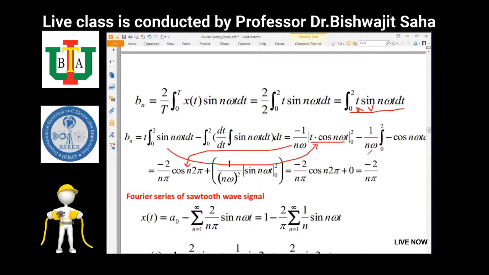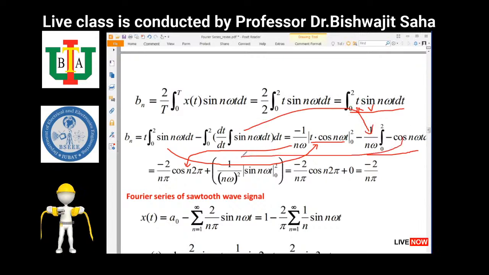The second term of the integration is 1 over n omega whole square, because I have double integration. Since sine n omega t comes here, obviously it is going to be 0, because omega value is pi. Sine pi value is 0, so this second term is always 0. So the Bn value coming is minus 2 over n pi cos n twice pi.